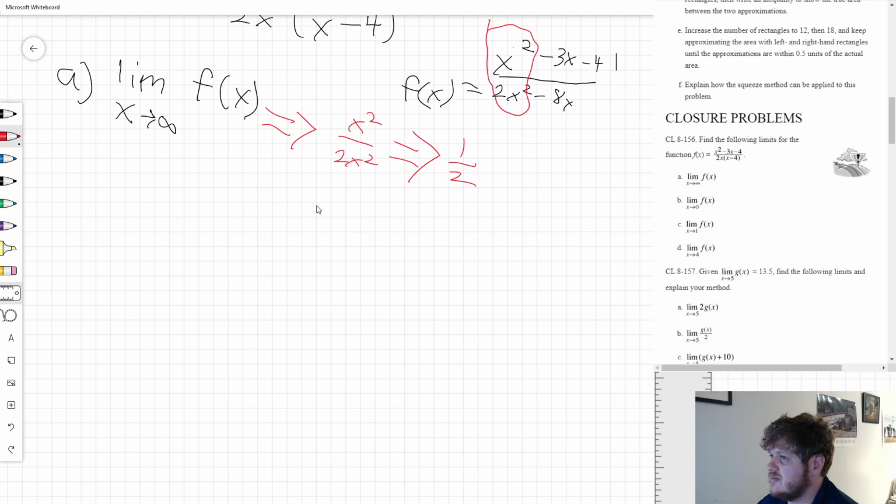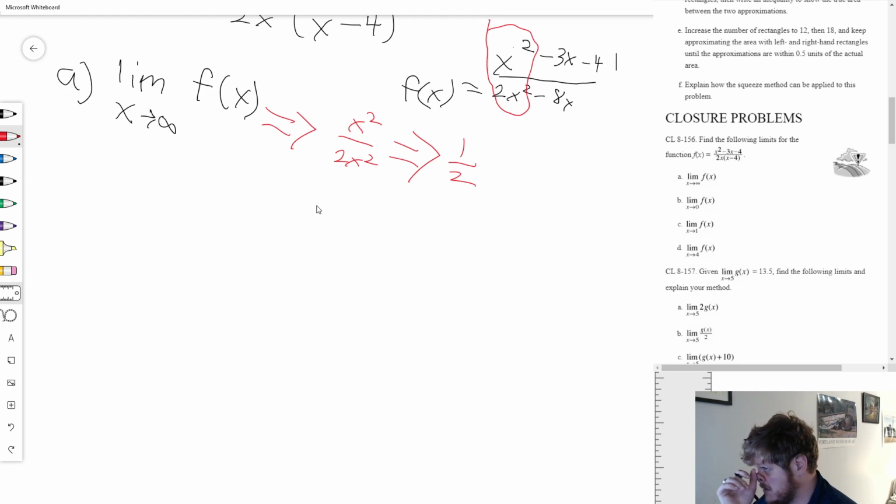Now, if we move on down, give ourselves some more space, and now we do B. So now we're looking at our function as x approaches 0. Well, let me clear this up because I wrote it poorly.